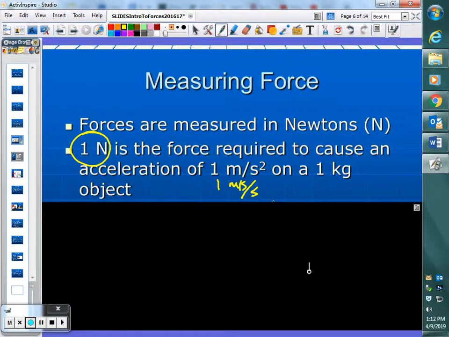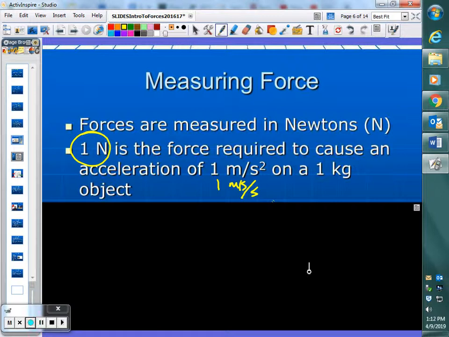First, what does an acceleration of 1 meter per second mean? It changes the velocity. Not that it moves 1 meter every second. It changes the velocity by 1 meter per second every second.